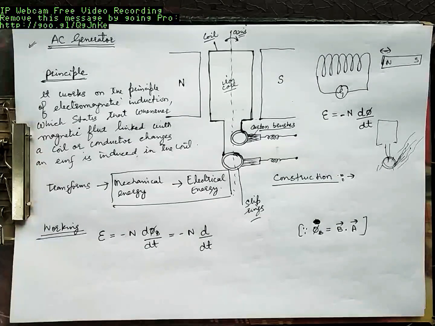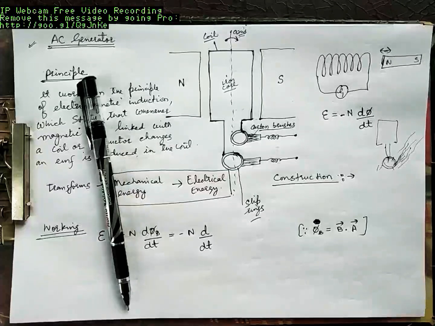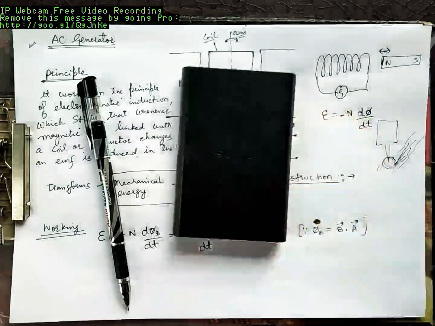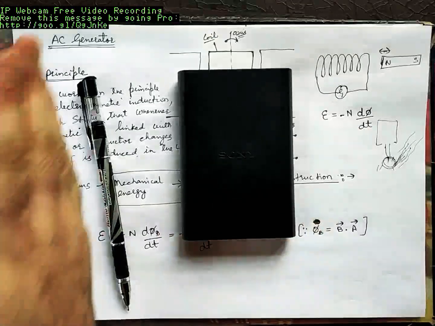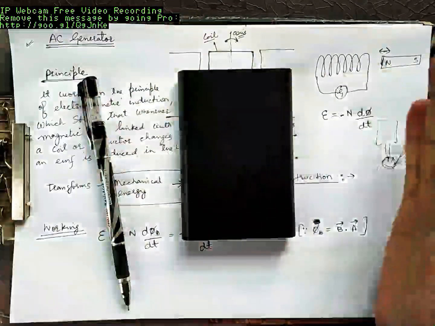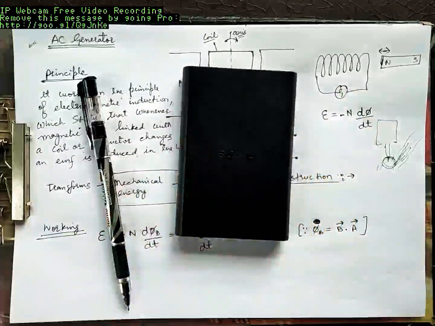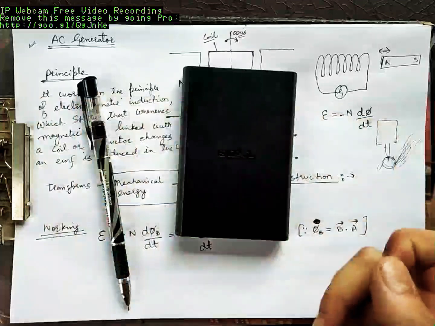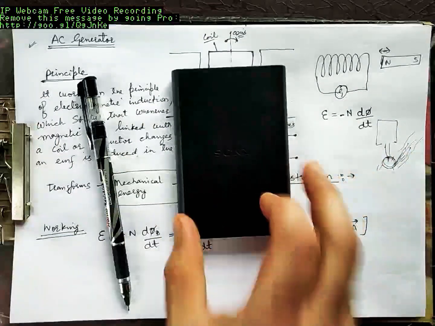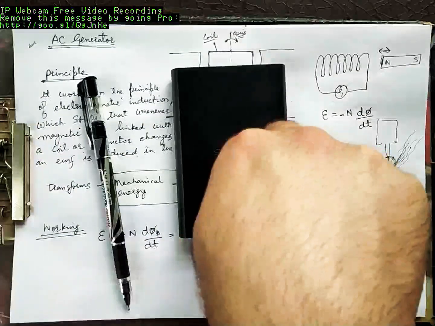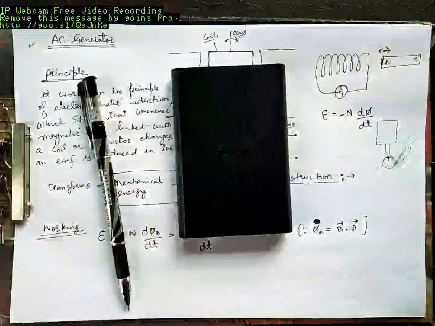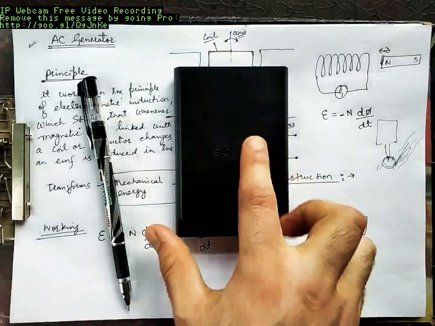Whose direction is perpendicular to the area. So if we have a coil like this over here, you have north pole on this side, south pole on this side, and a coil here. Flux is passing like this. Is any of the flux passing through this in this direction? No, flux is passing from left to right. So flux through this is 0.